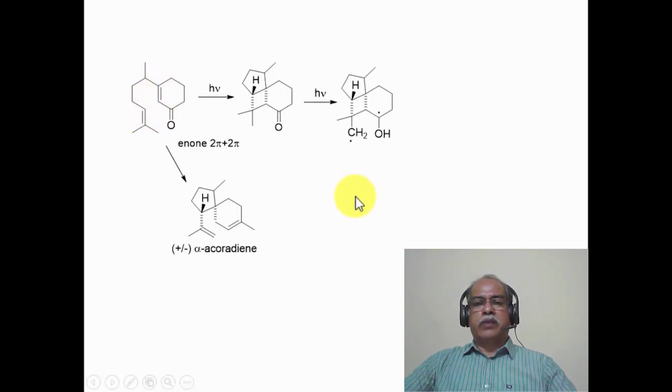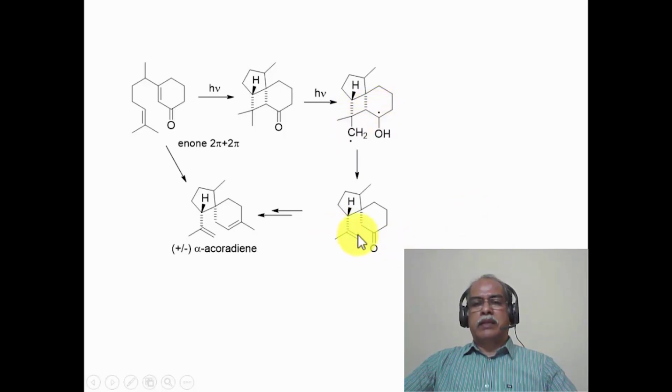Once the cycloaddition is over, now this methyl group here is oriented in such a way that an alpha, beta, gamma hydrogen abstraction can take place. This is the gamma methyl group. So under photolytic condition, gamma hydrogen abstraction takes place to produce the corresponding diradical intermediate. This diradical intermediate of course can undergo decomposition reaction by delocalization, by the breaking of this carbon-carbon bond, resulting in the formation of an enol and the exomethylene compound.